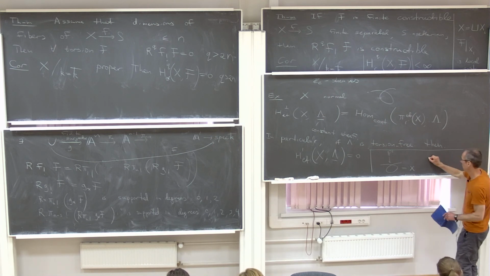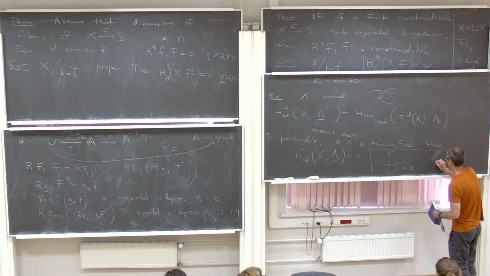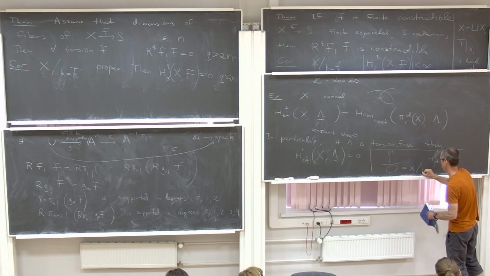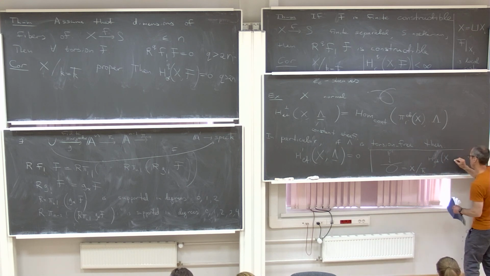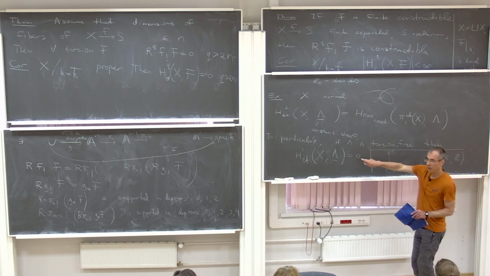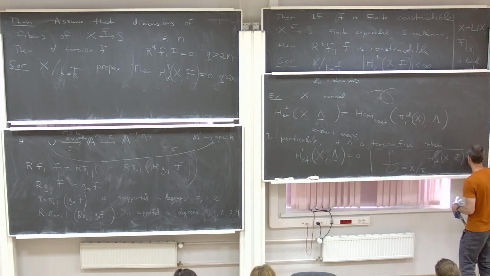And then if you compute the tame homology of X, over an algebraically closed field with coefficients in Z, what do you get? According to this result, you should get 0. But that's not true. In fact, it's Z.